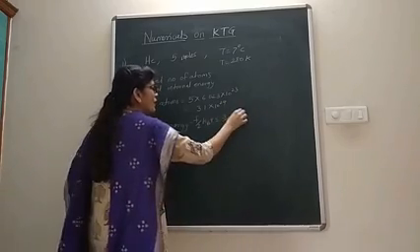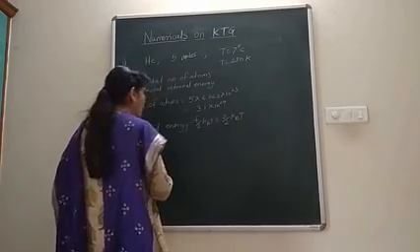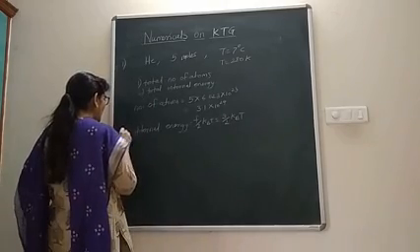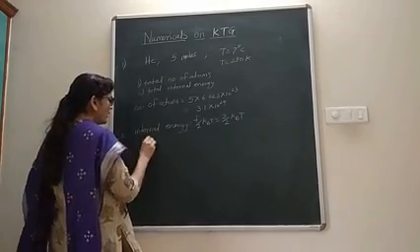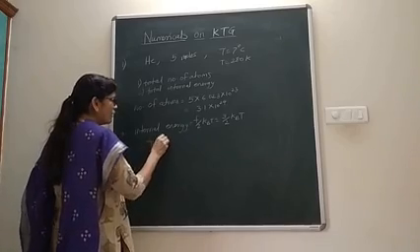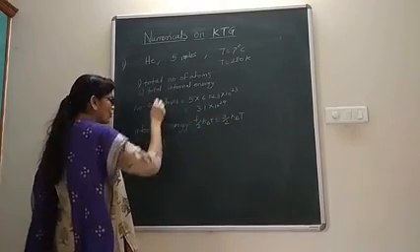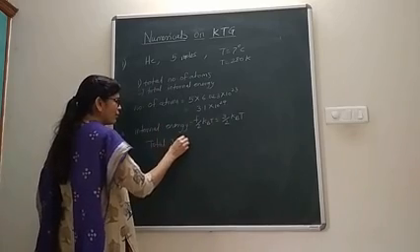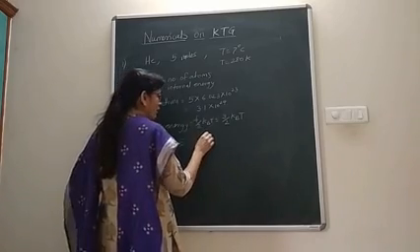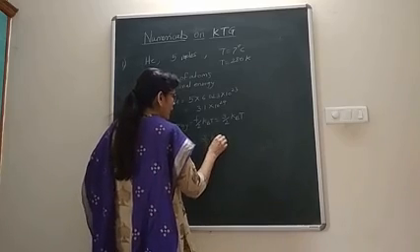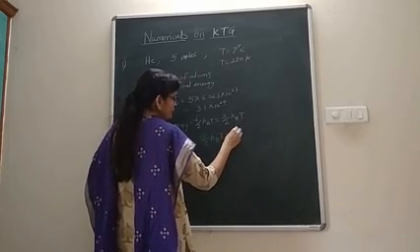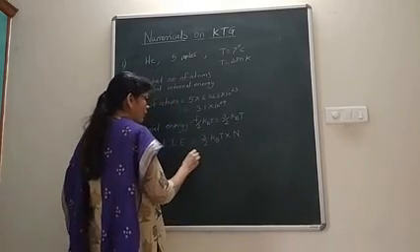Right? So here we have to calculate total internal energy. So total internal energy means we need to multiply this by total number of atoms. So total internal energy is equal to 3 by 2 kBT into N, total number of atoms.